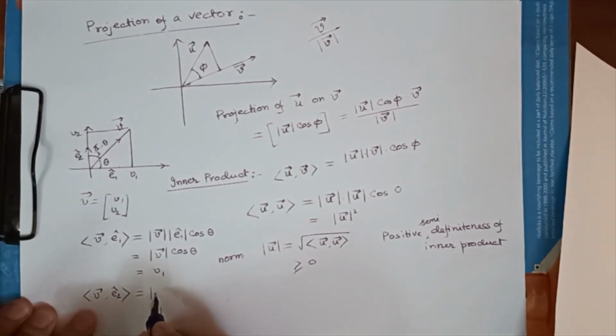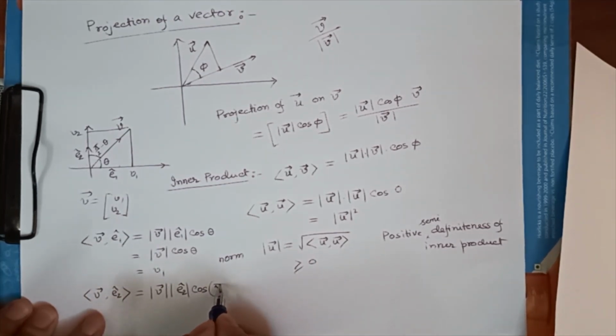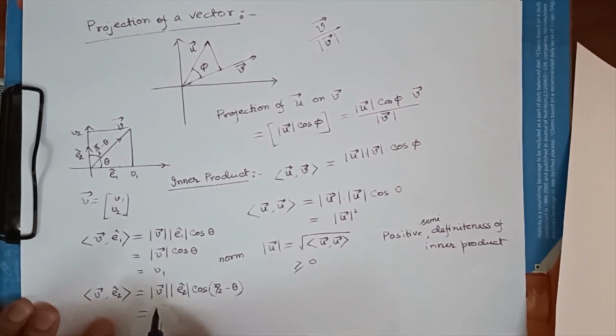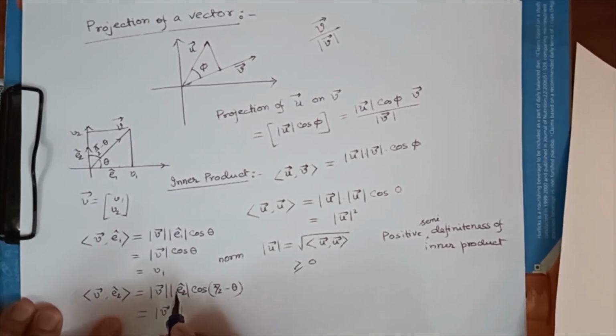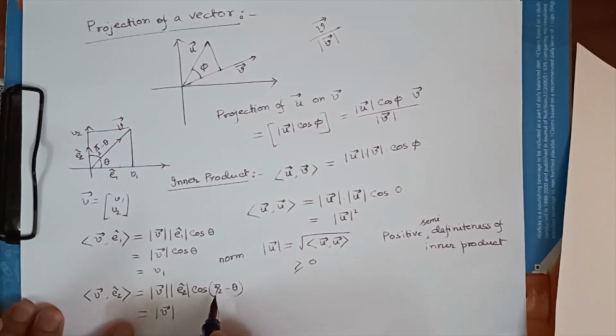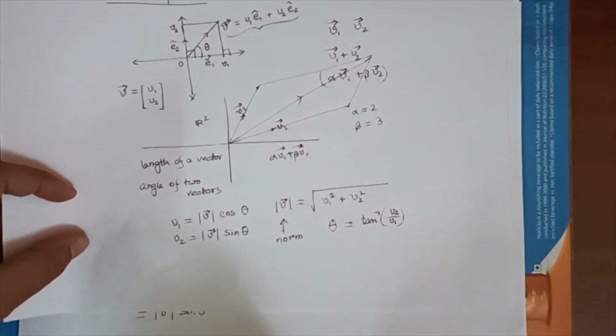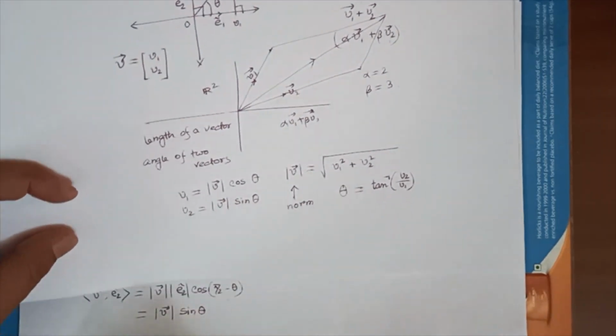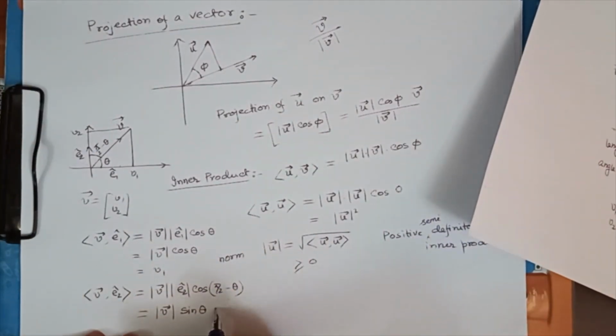So this will be length of V into length of E2 into cosine of pi by 2 minus theta. What is that? That is V, length of E2 is 1, and what is cosine pi by 2 minus theta? That is sine of theta. So you see, earlier we have already shown that V2 is equal to length of V into sine theta. So you can see that this is your V2.